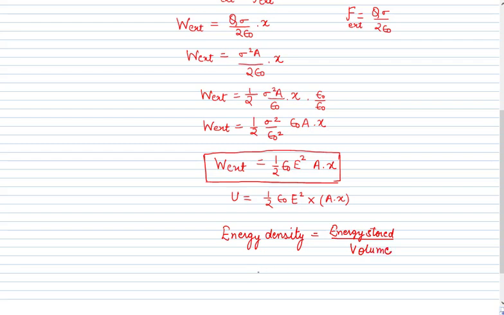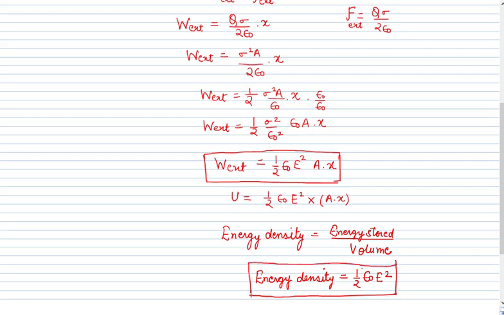Then we get the expression for energy density equal to half epsilon naught E squared. So whenever you are calculating the energy density, simply use the expression half epsilon naught E squared. That gives us the potential energy density of this system for a parallel plate capacitor. So what is the formula? Half epsilon naught E squared. That is a very simple derivation you can do, and always remember this formula.